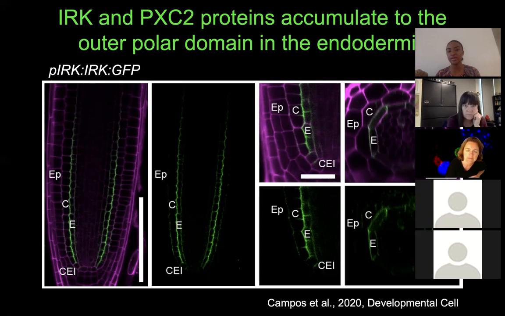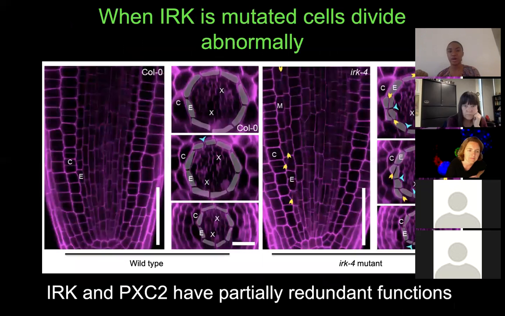And to go on about the function of IRK, we notice that when you mutate the IRK gene and insert a construct with this mutant gene, there are excessive cell divisions in this endodermis layer here. So with this mutant, you're getting way too many endodermis cells.